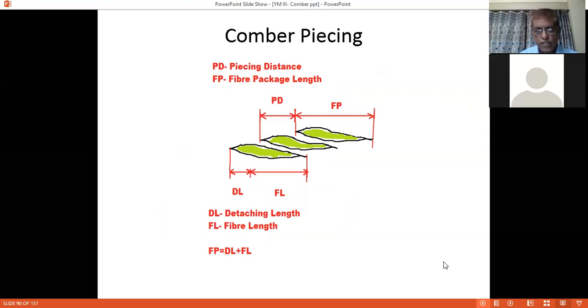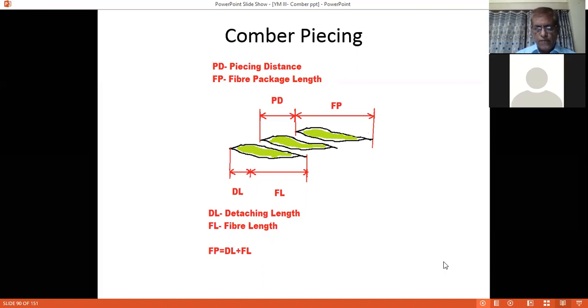In this diagram, it is shown that fiber fringes are placed one above another. So after every cycle, a fiber fringe is coming, and that is placed on the previously combed fringe. So PD is piecing distance, and FV is fiber package length.